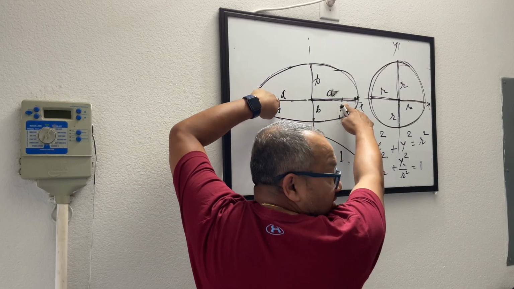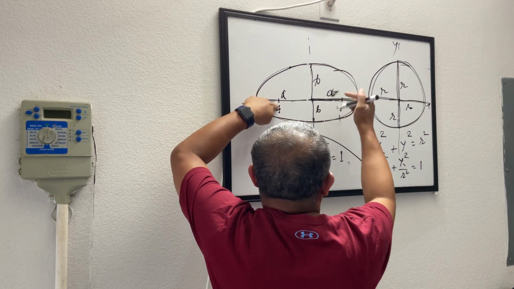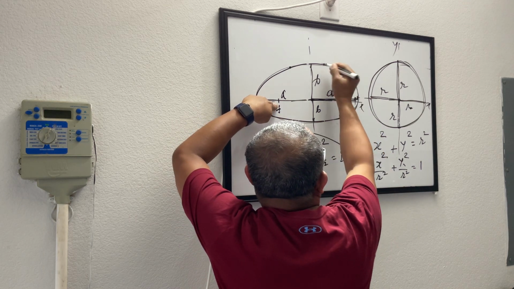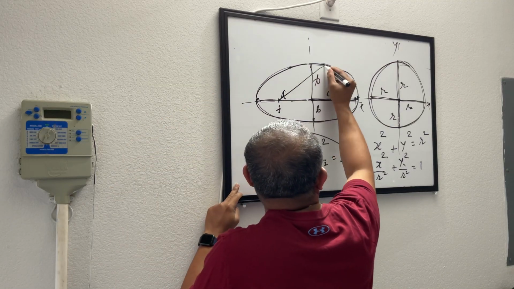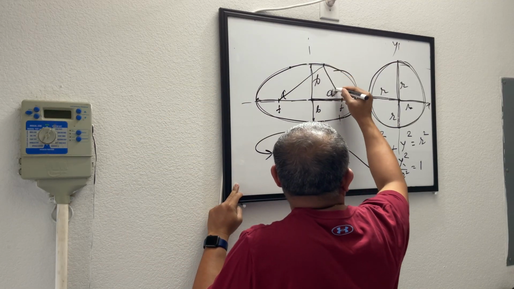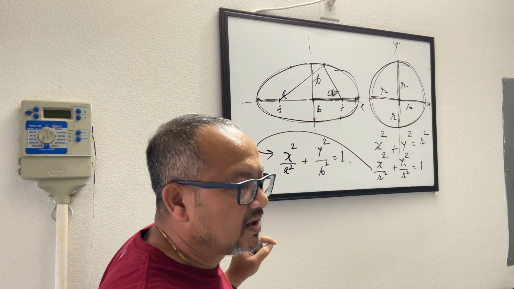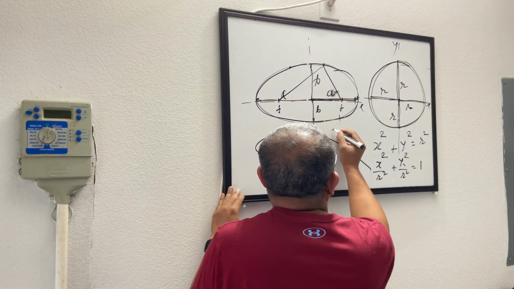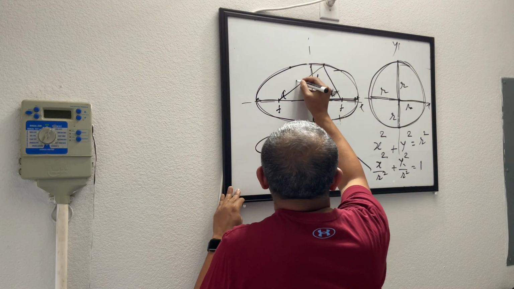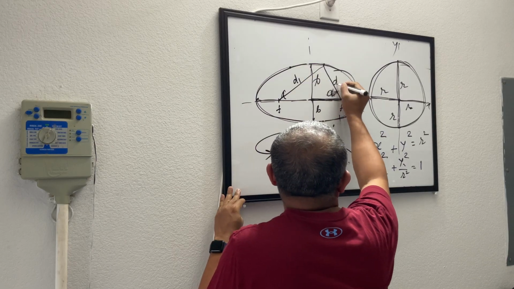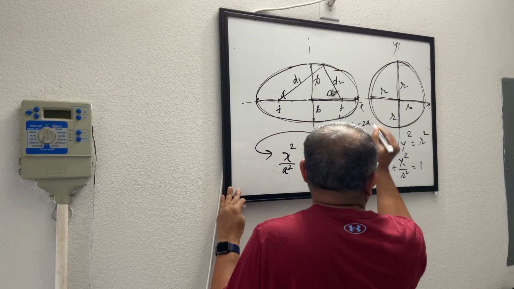The uniqueness of these two points is such that if you pick any point along the boundary of the ellipse, this distance plus this distance, let's say this is distance 1, this is distance 2, so d1 plus d2 will be equal to 2a.